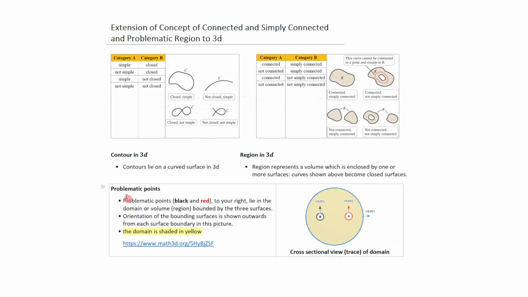Right, so just a summary then: the problematic points, black and red to your right, lie in the domain or volume bounded by the three surfaces. The orientation of the bounding surfaces is shown outwards from each surface boundary in this picture. And if you want to look at this in more detail, you can look at this URL. So more or less, this is the picture we're looking at when we extend things to 3D.